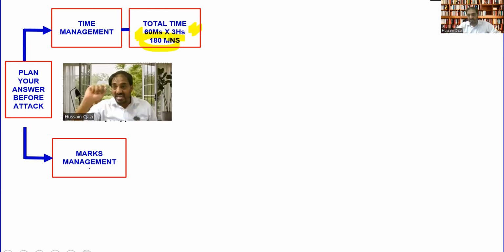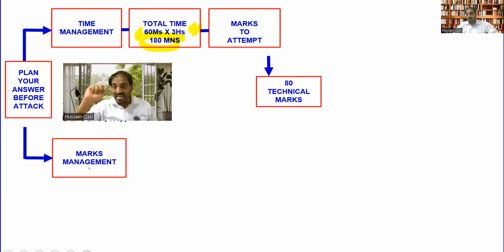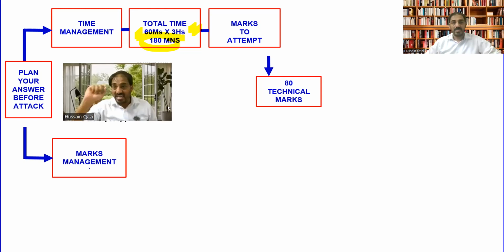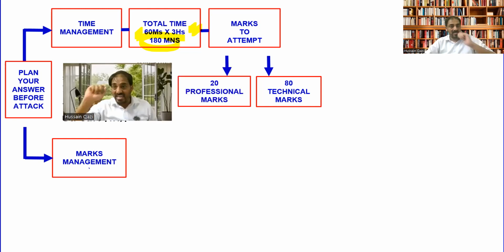You have a total of 180 minutes. For 180 minutes, how many marks do you need to attempt? You need to attempt 80 technical marks. 80 technical marks, that's important. 80 technical marks and 20 professional marks.